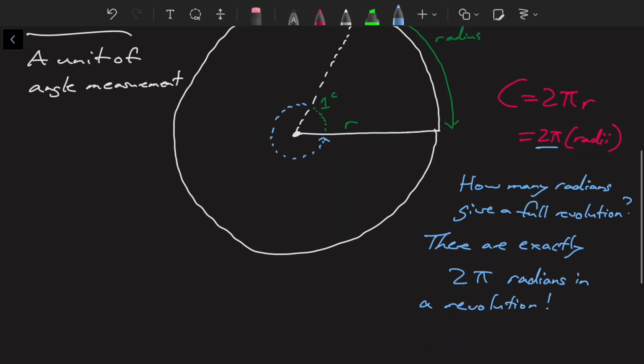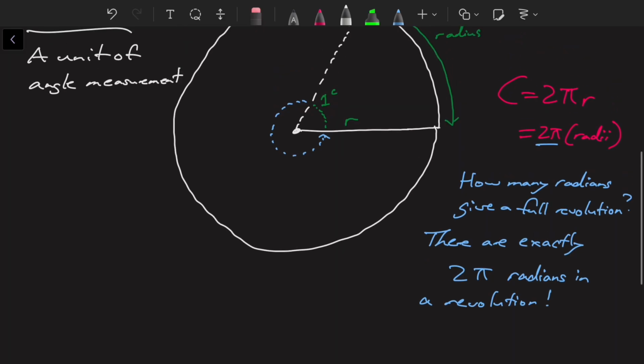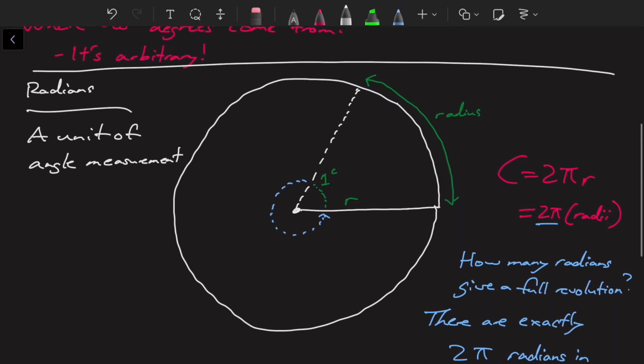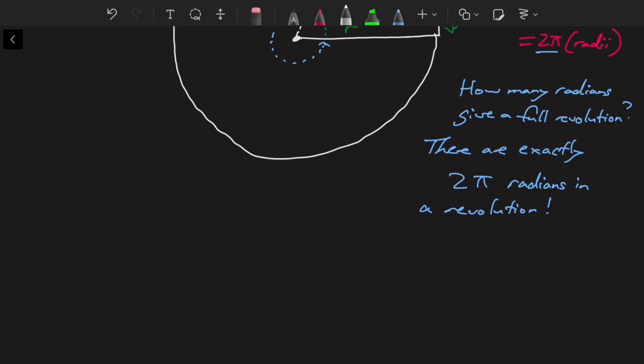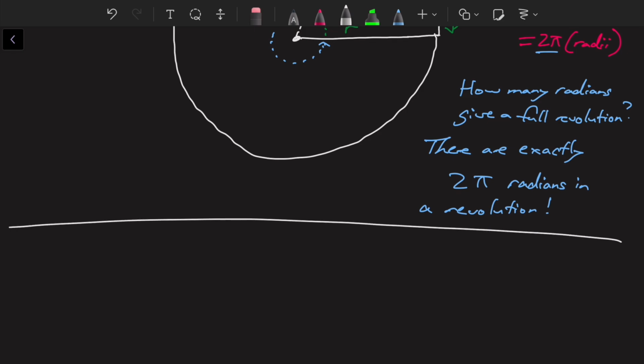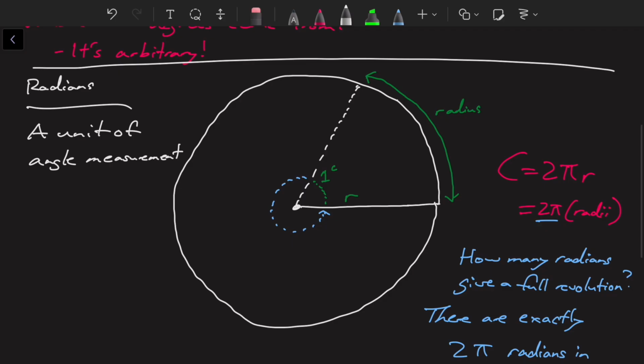So the natural question to ask is, now that we know that there are 2 pi radians in a full revolution, we can start to think about conversions. I should say, the reason why radians are really helpful is, one, they're related to the natural geometry of the circle, as I said before.